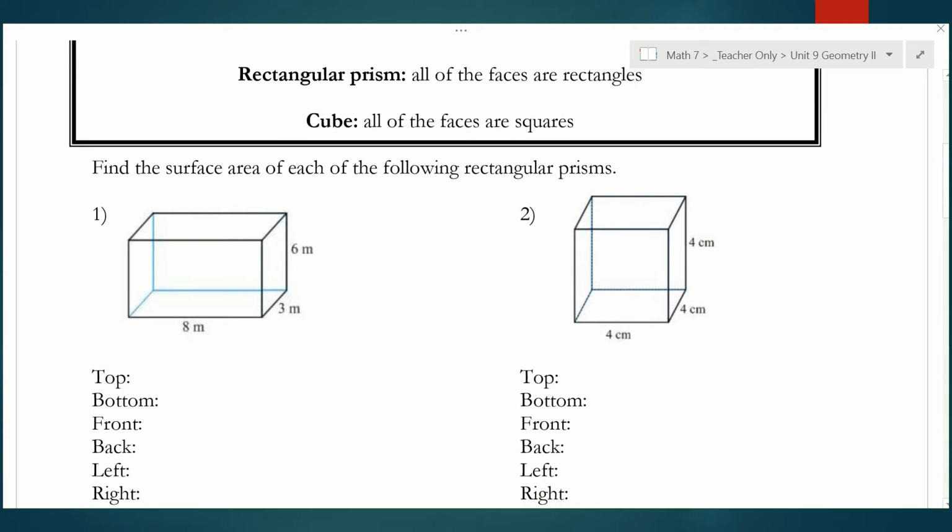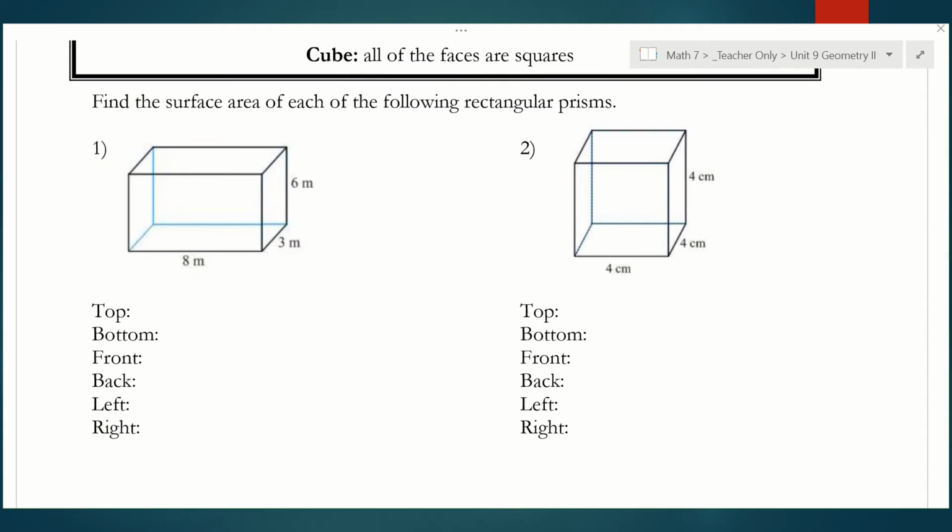If you look at example 1, you can see that we have this rectangular prism where the length is 8, the width is 3, and the height is 6. Our job in order to find the surface area is to find the area of each of the faces.